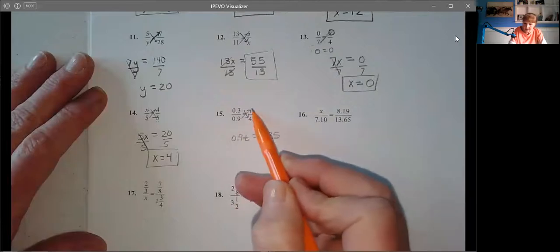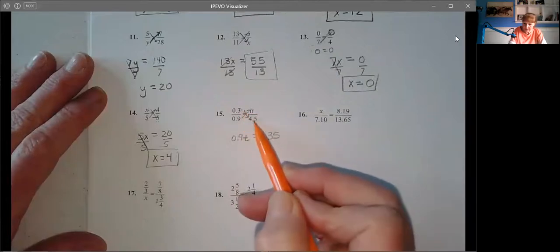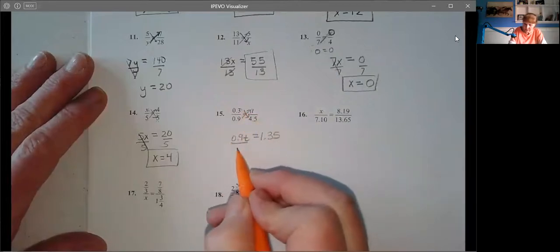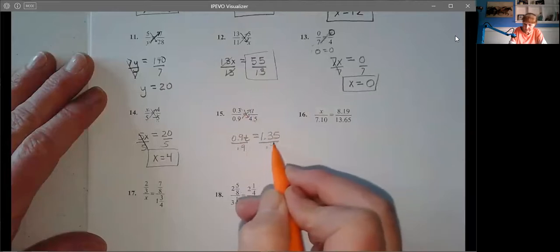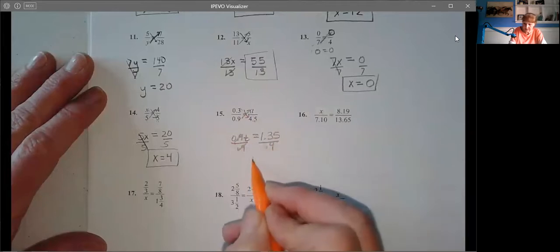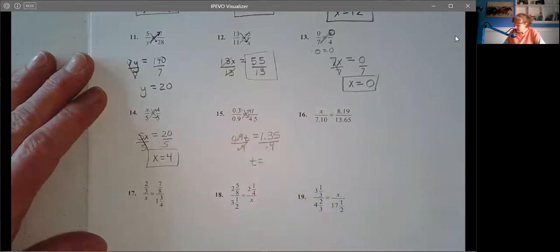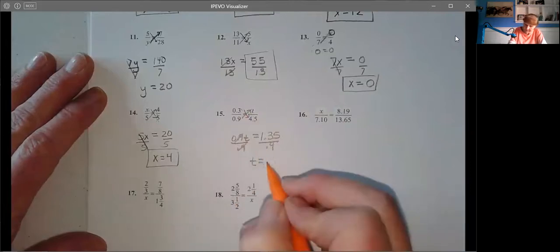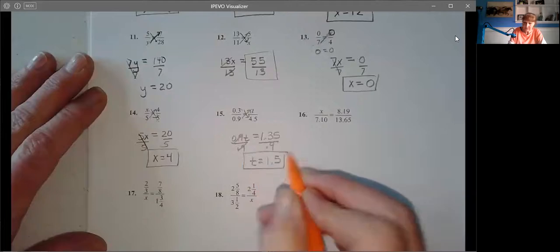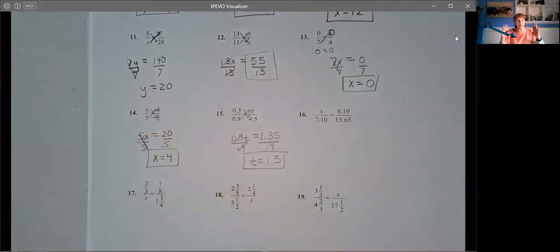So this product equals this product. Divide by 0.9. This would be very tedious if you didn't have a calculator. Divided by 0.9, 1.5. Okay, so the decimals are done the same way. But let's look at a fraction.